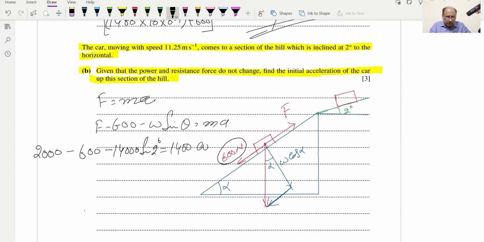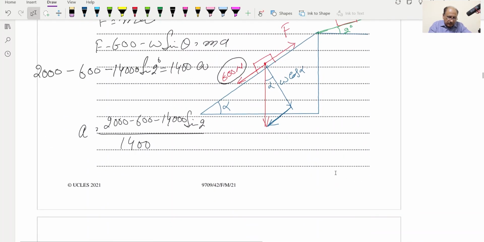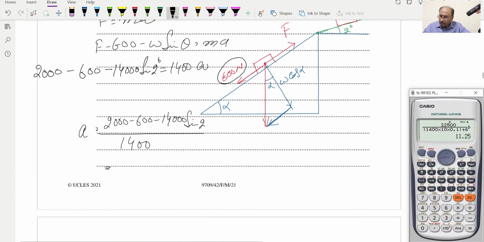So acceleration will be equal to what? This will be 2000 minus 600 minus 14,000 sine of 2 divided by 1400, and we can find the value of this acceleration by the help of calculator.